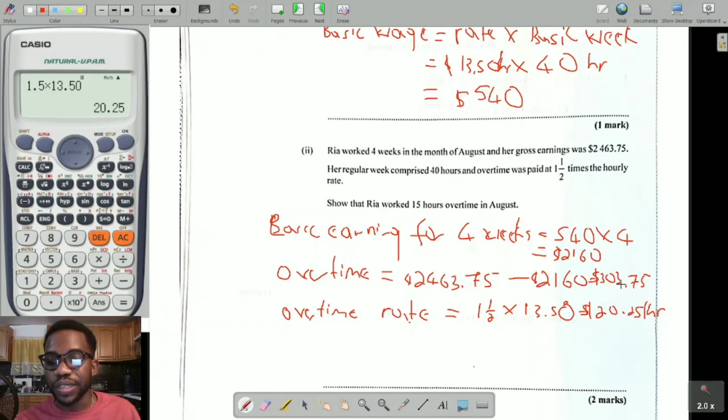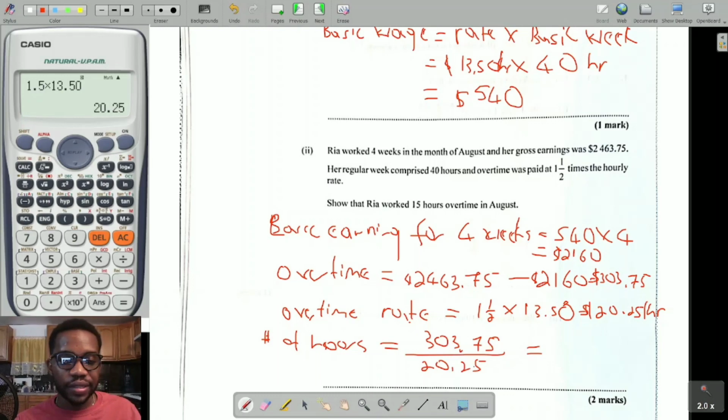If you have a total amount of money and you have how much he's working per hour, then of course, to get the number of hours, you're simply going to divide how much money you made, which is $303.75, by how much you actually get for each hour, which is $20.25.